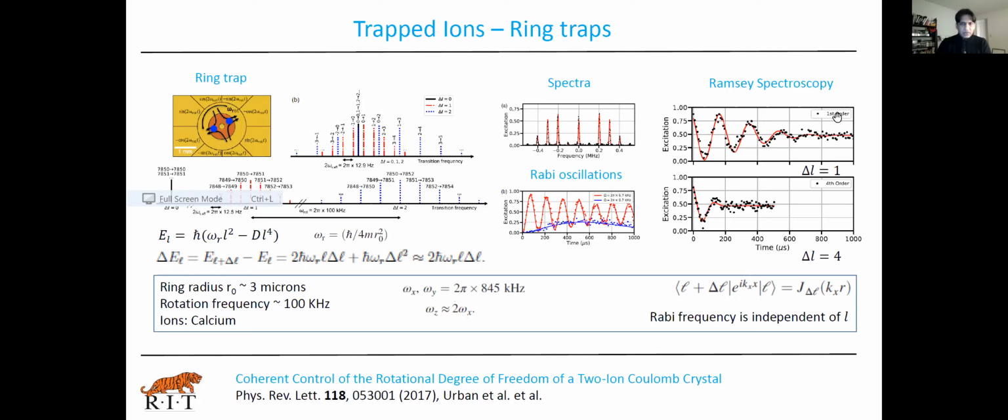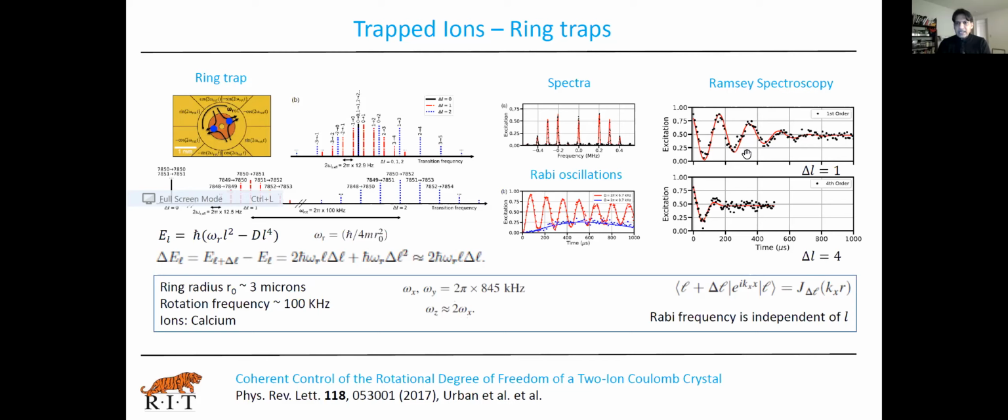And then I'm not going to go into the details because I don't really understand them. They also were able to do Ramsey spectroscopy using the right pulses, pi by 2 and then evolution and then minus pi by 2 back again. So this is Ramsey spectroscopy of the delta L equal to 1 superposition. And then this is the Rabi frequency of the delta L equals 4 superposition.